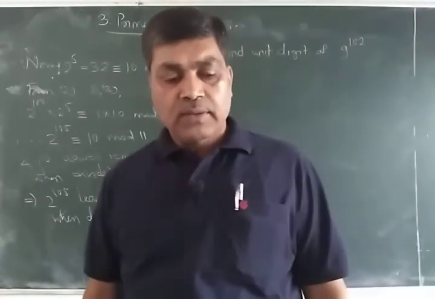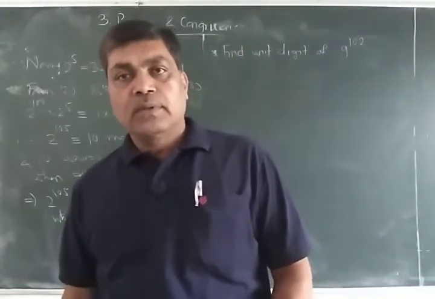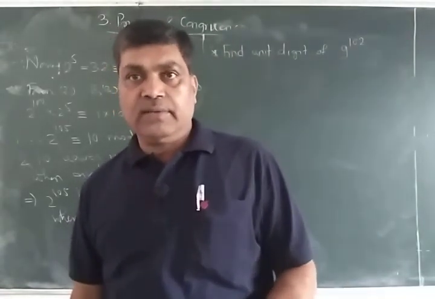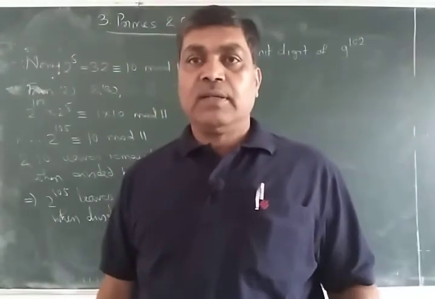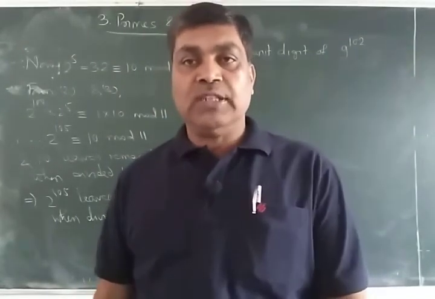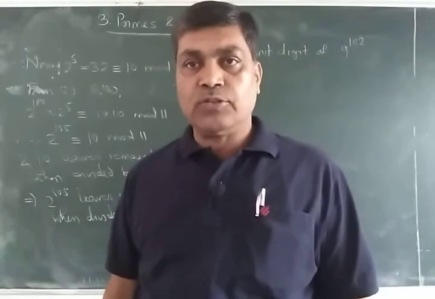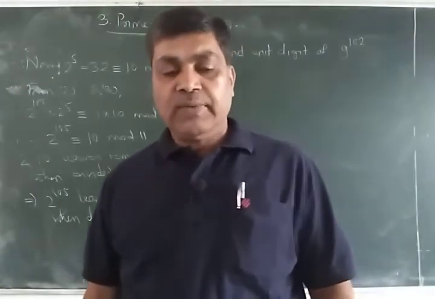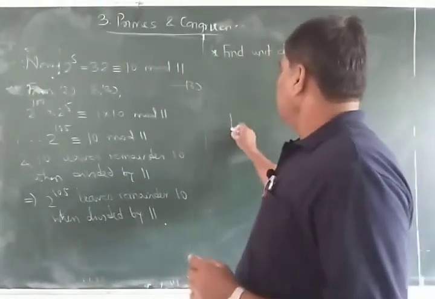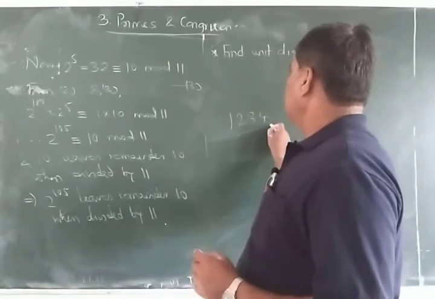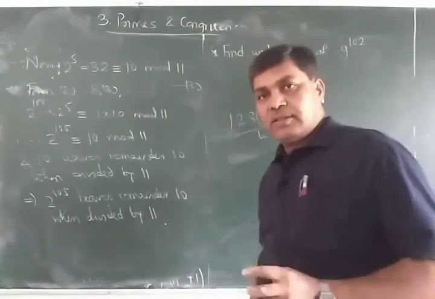If I divide any number by 10, what is the remainder? That remainder is always the unit digit of it. If I divide 1234 by 10, this 4 is the unit digit.